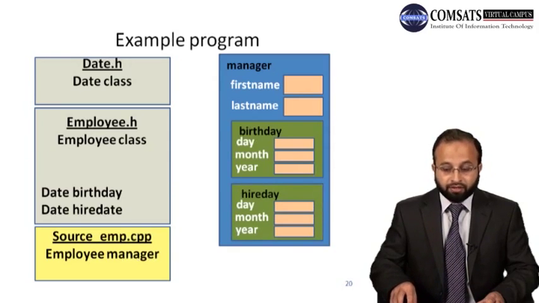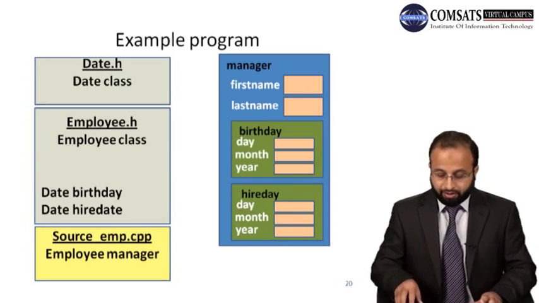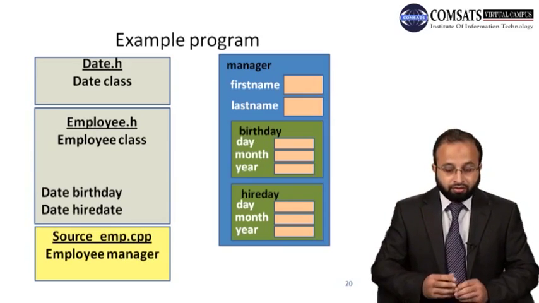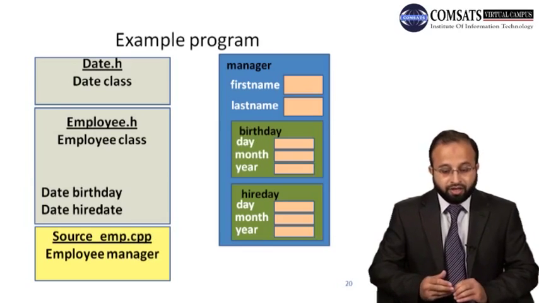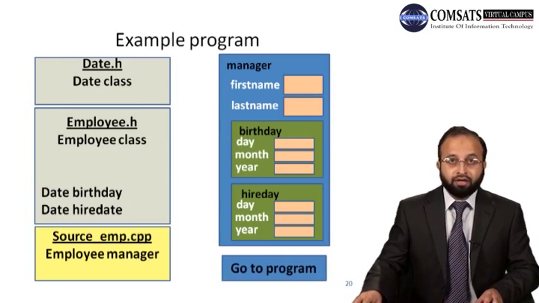These are the two objects of the date class that are part of the manager object, right? This is called composition, because now we can say that employee has a date, employee has a birthday, employee has a hire date. So this is a has-a relationship, right? Let's see the example program.